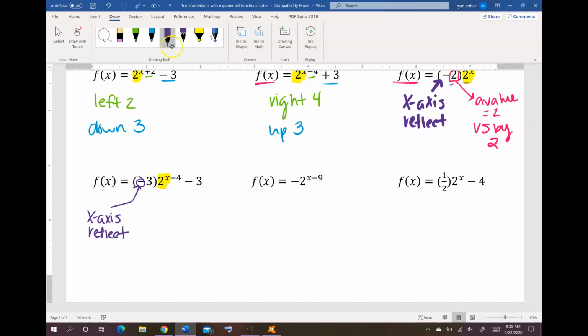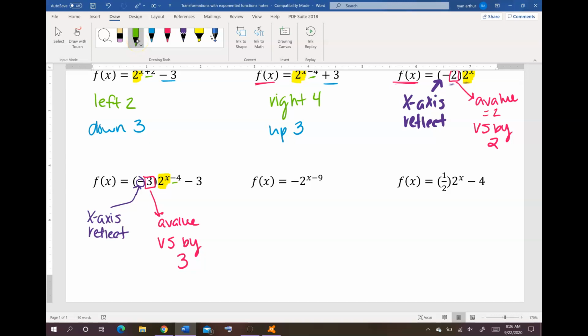okay? And then that 3 means something totally different. That 3 is your a value. It's greater than 1, so we're going to say it's a vertical stretch by 3, okay? And then we get to our left, right, ups, downs.